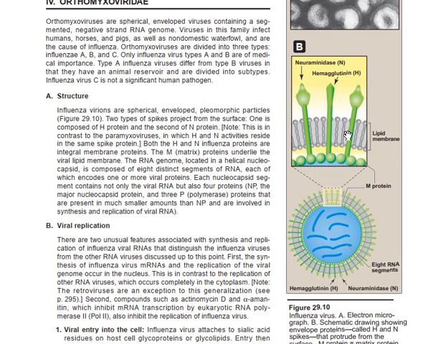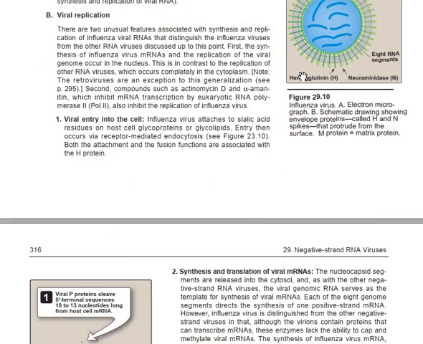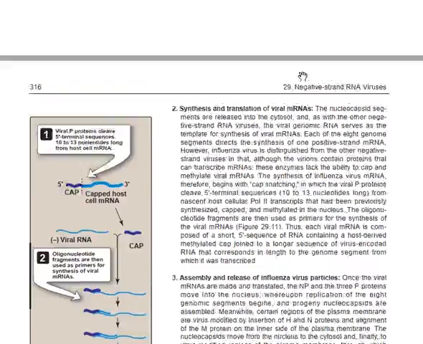The envelope is made up of the hemagglutinin and the neuraminidase, just like the paramyxovirus, and in the case of avian flu. Is it clear? These antigens account for the virulence of the influenza virus in the case of avian flu and all that.